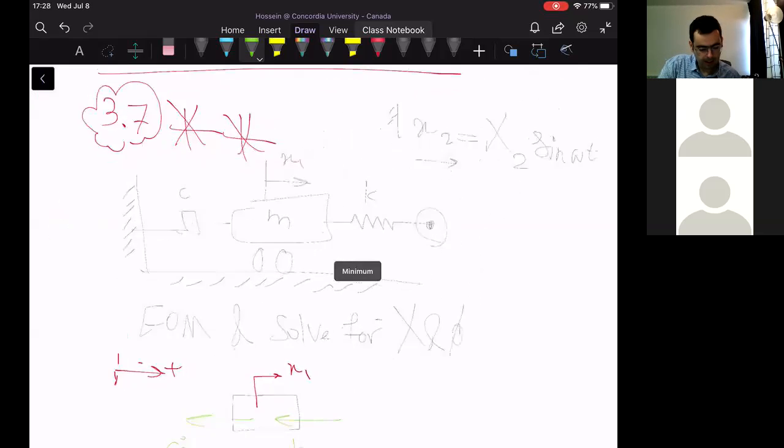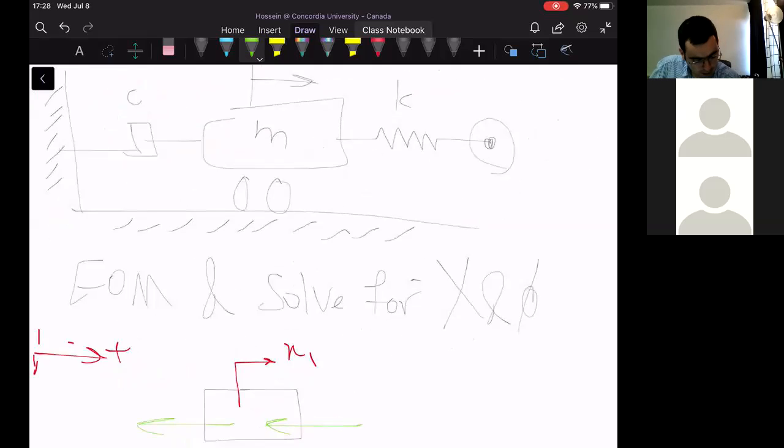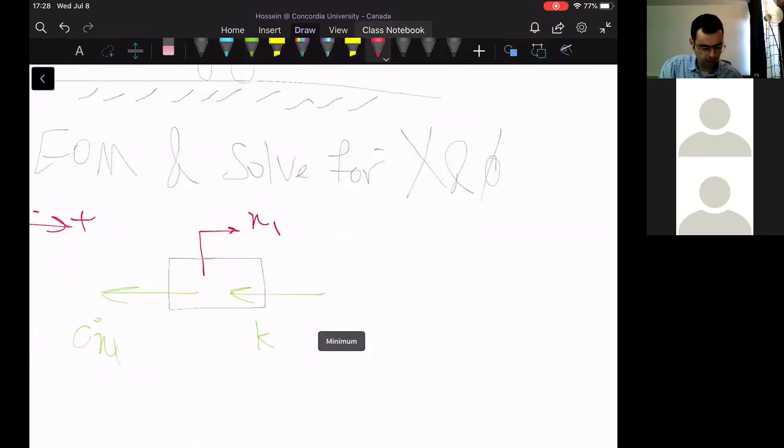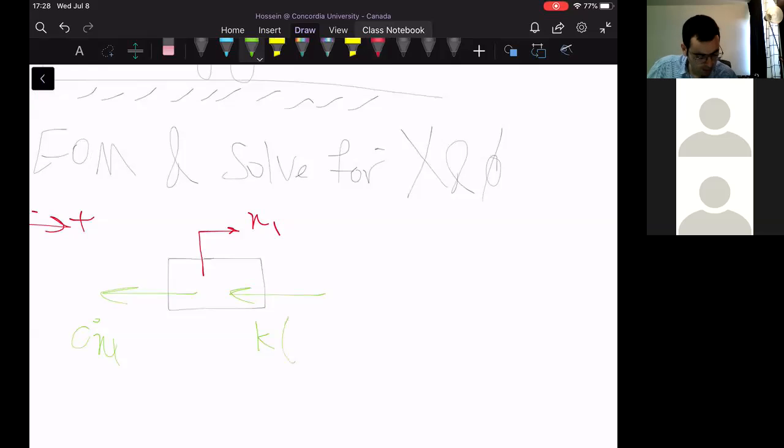The spring is connected from the left-hand side to x1, and from the right-hand side to x2, so you have to consider the relative displacement.